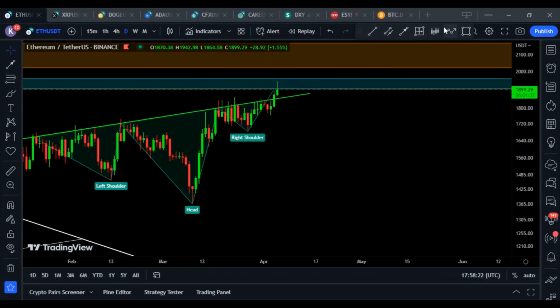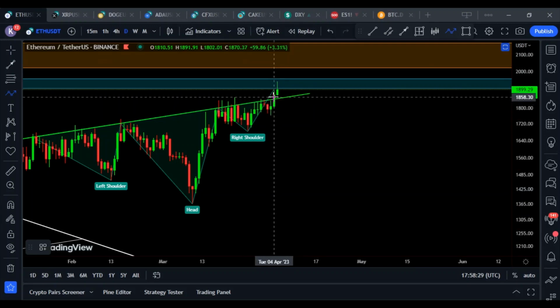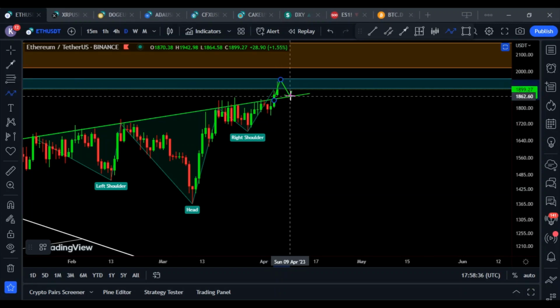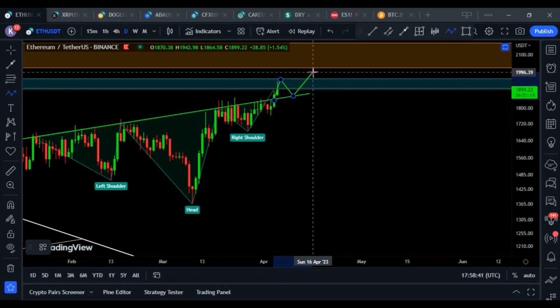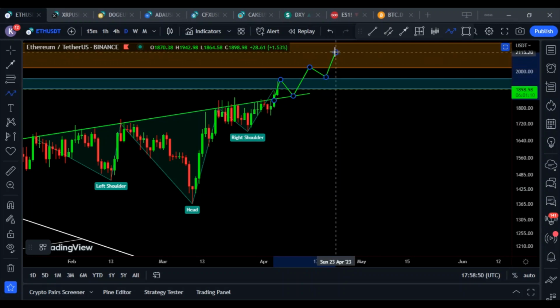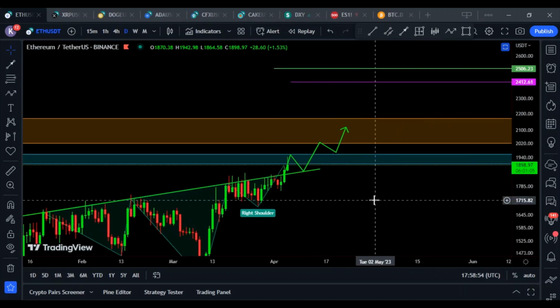But again, what we are seeing here from a technical point is still very good. We have a breakout, and we got rejected around this area as step one. Then we need a retest of this area, go back, take out this level, maybe interact with this area, and start creating the higher lows, higher highs pattern until we take out both areas and go to our final target of the breakout.